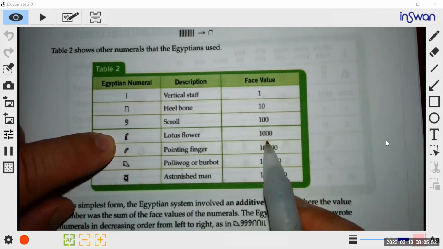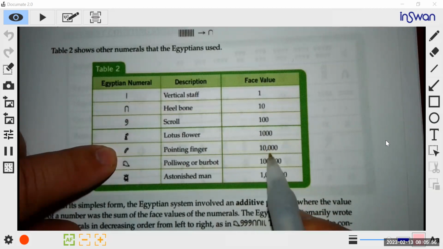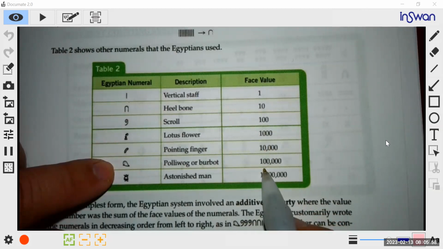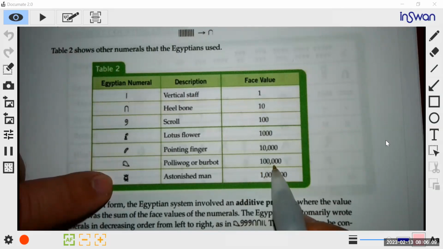The lotus flower was 1,000. The pointing finger was 10,000. The Pawag, or whatever that is, and their times was 100,000. And the astonished man was 1 million.